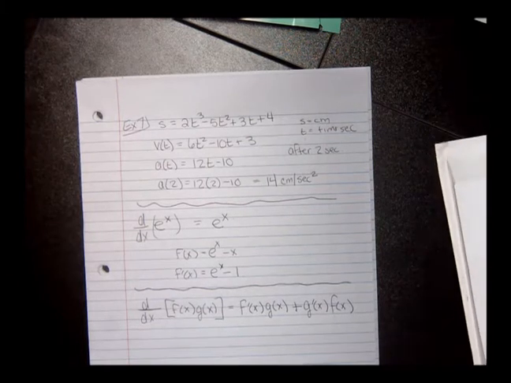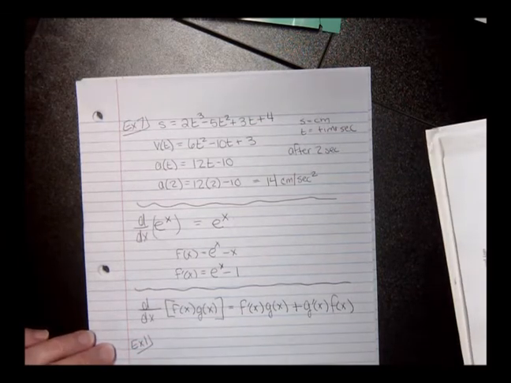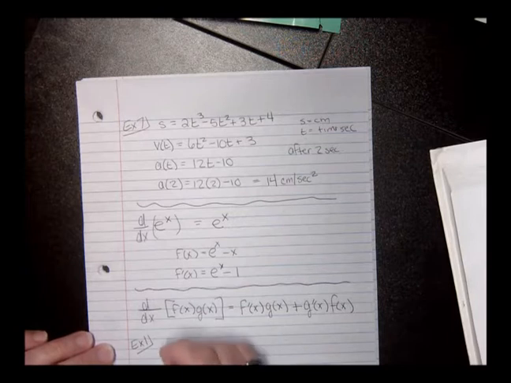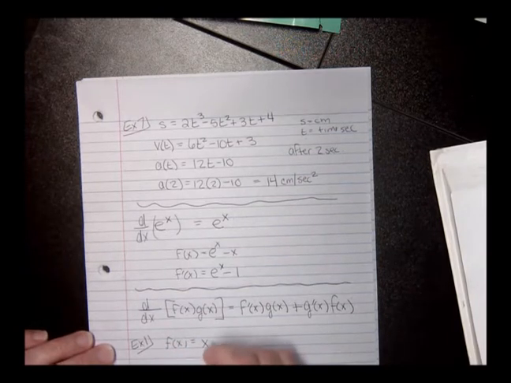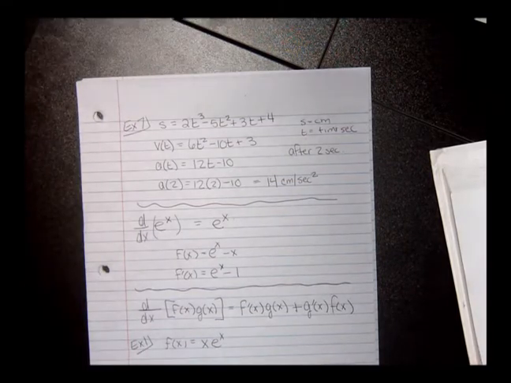So we're going to take a look at example 1. I have f of x equaling x times e to the x. Now you see here the difference is that we are multiplying something by e to the x.